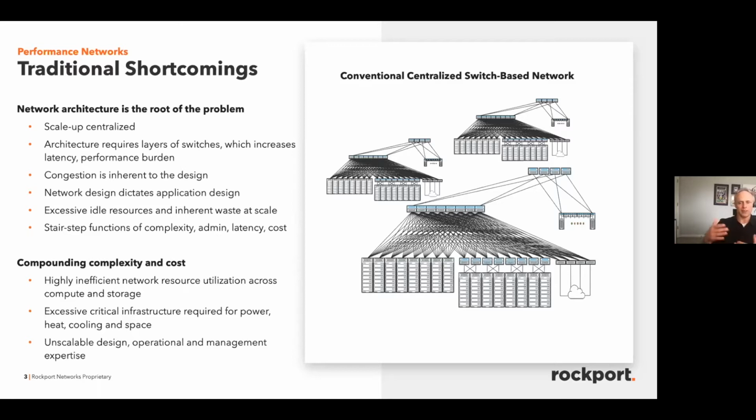When you try to scale from one point to another, you start hitting stair-step functions in all facets of the network: more complexity, more administrative overhead, more cost, higher latency.